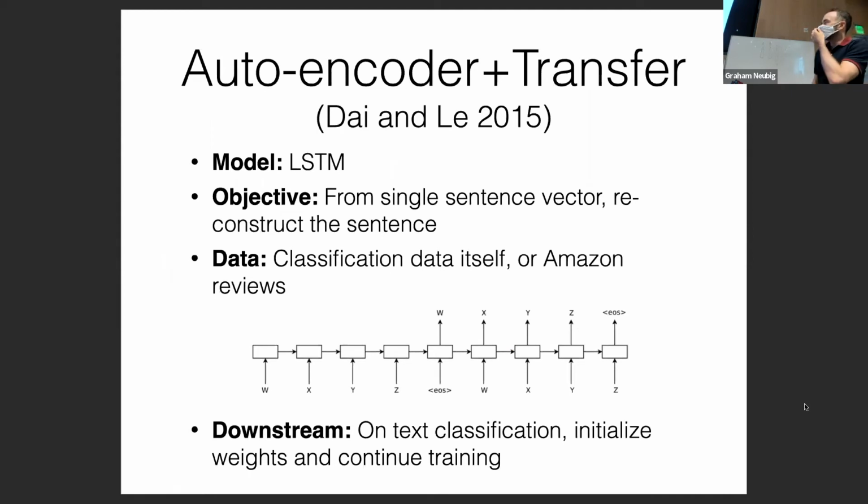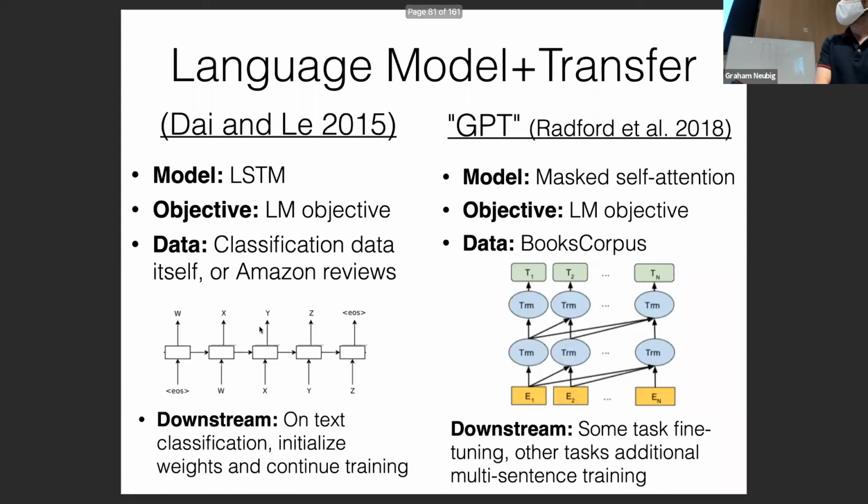Another example of an objective that you could be using is something called an autoencoder. The reason the autoencoder is notable is because it is a first step towards learning sentence embeddings. Here, a language model is basically learning to predict the next word, and by the end of the sentence, you assume that you've encoded some information about the words in the sentence.